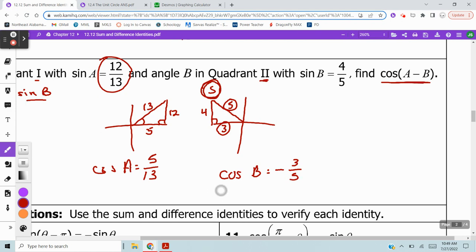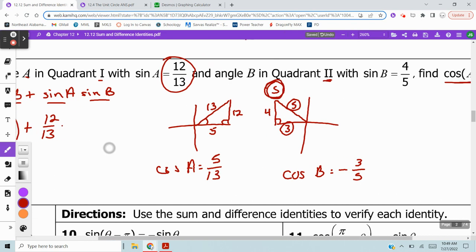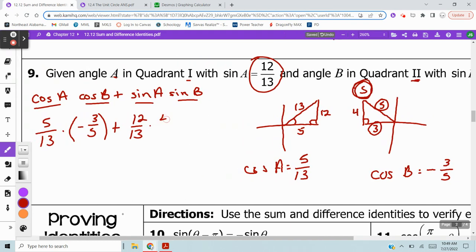So now we've got all the pieces we need. The cosine of A is 5 over 13, the cosine of B was negative 3/5, plus the sine of A was given to us in the directions, that was 12 thirteenths, times the sine of B was also given to us, that was 4/5.